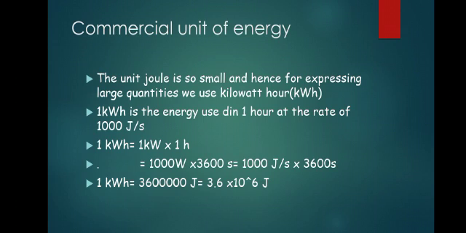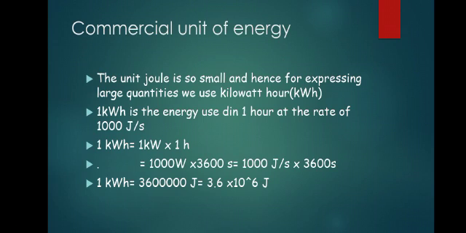That we are going to know. So 1 kilowatt hour is the energy used in 1 hour at the rate of 1000 joules per second, or 1 kilowatt.